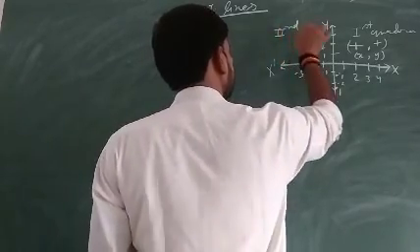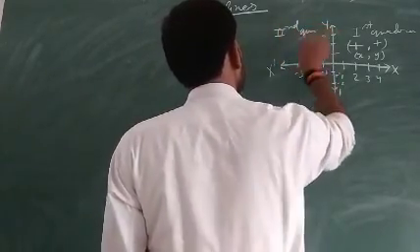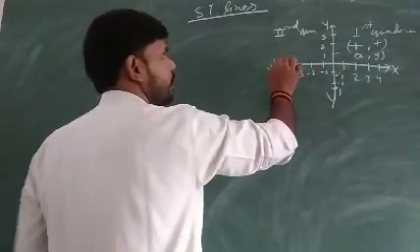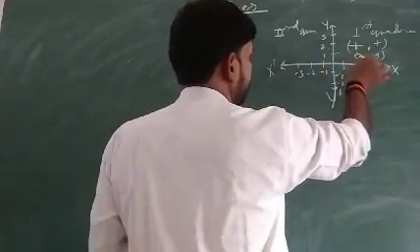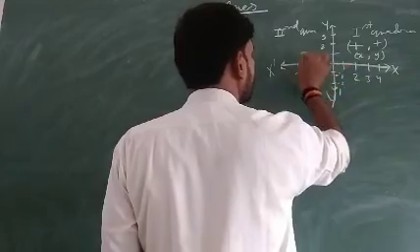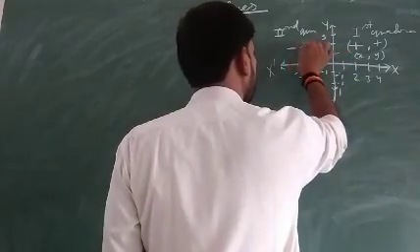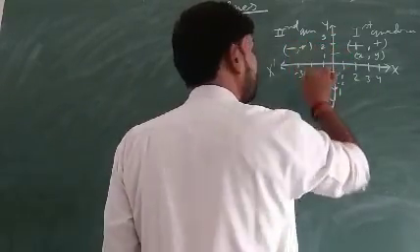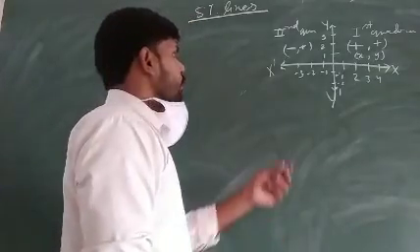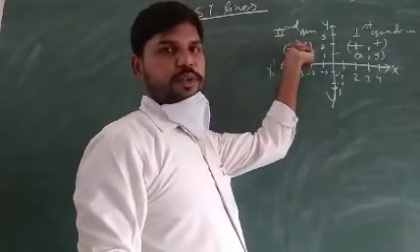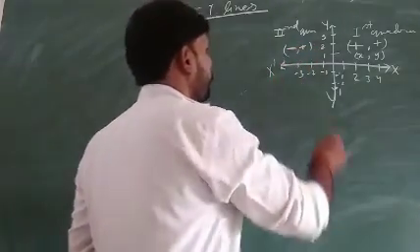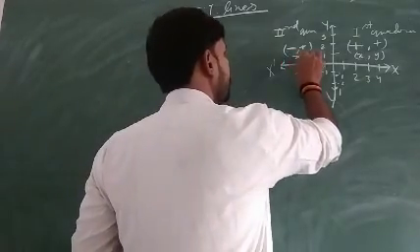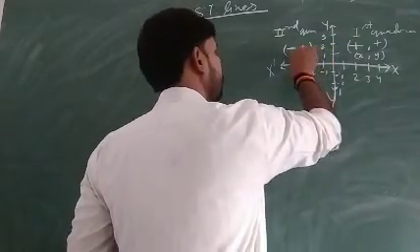In the second quadrant, x is negative and y is positive, means minus comma plus. So the representation of x comma y means minus comma plus.